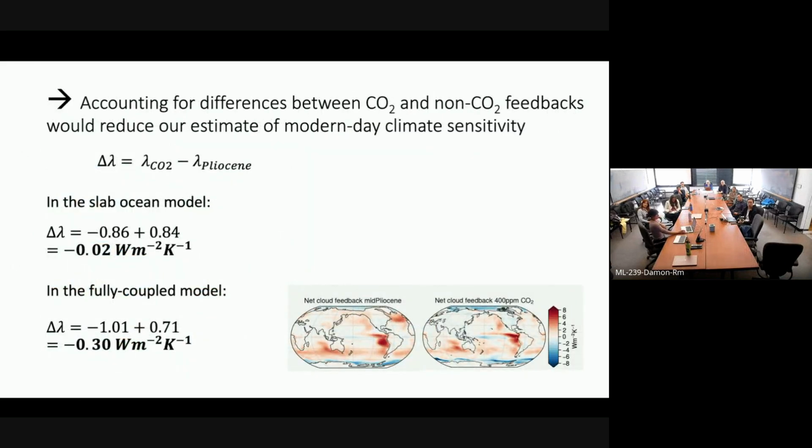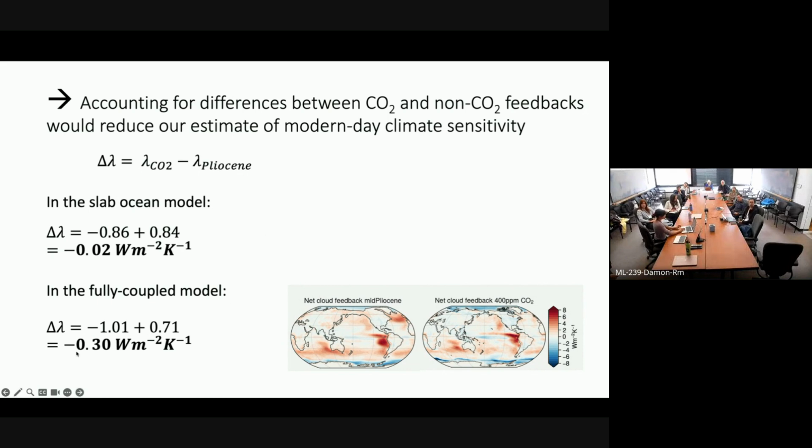Okay, so all that is to say that accounting for the differences between the feedbacks associated with carbon dioxide and those associated with these boundary conditions essentially reduces our estimate of modern day climate sensitivity where we're using the Pliocene to constrain it. So it's kind of nice that even in our slab ocean model, we don't see a large pattern effect, because those feedbacks were quite similar between the Pliocene and carbon dioxide runs.